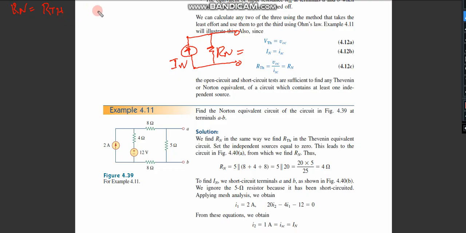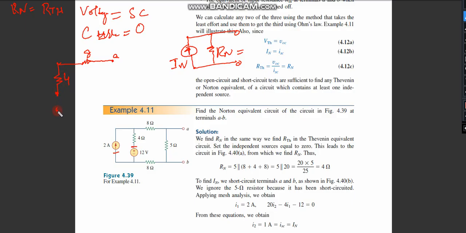So we apply two rules: the voltage sources should be short circuited, and the current sources should be open circuited. So how many voltage sources do we have? We have this one. How many current sources? We have the 2 ampere source. From A, if I go, I have an 8 ohm resistance, then a 4 ohm resistance over here.